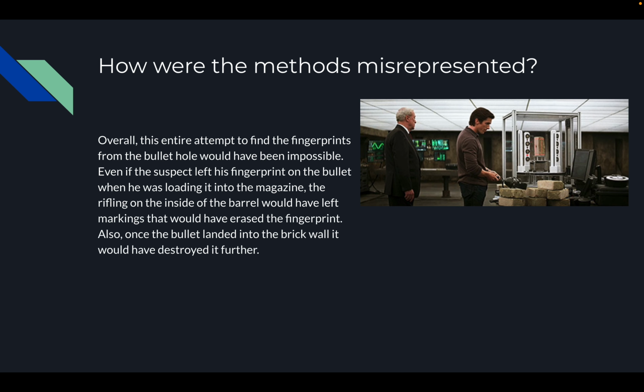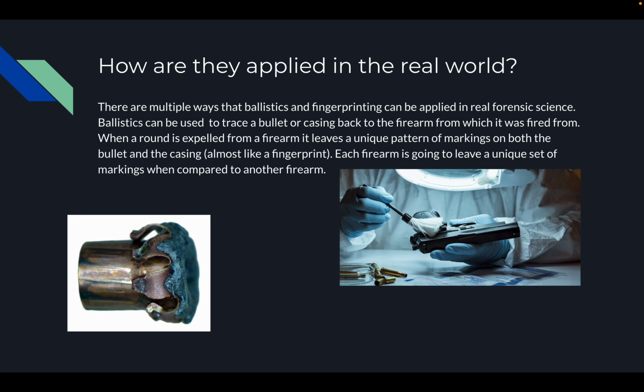But even with that, there would not have been any fingerprint left on the bullet due to the impact. And also, I don't believe the technology that Batman uses in this picture exists to be able to compare two different markings like that.